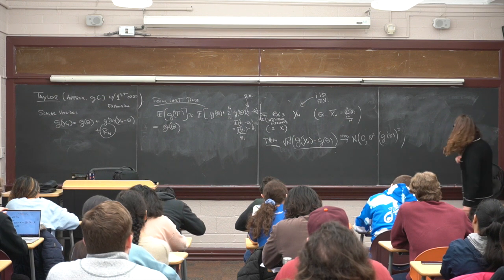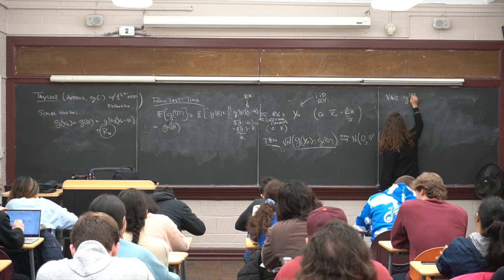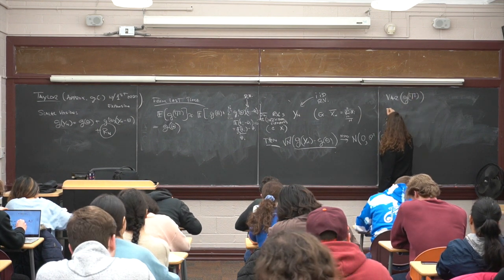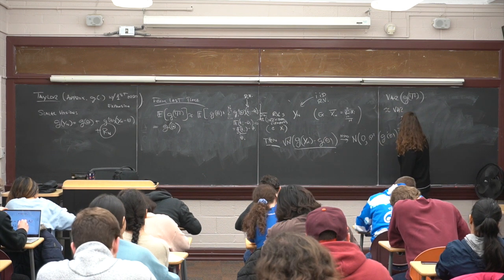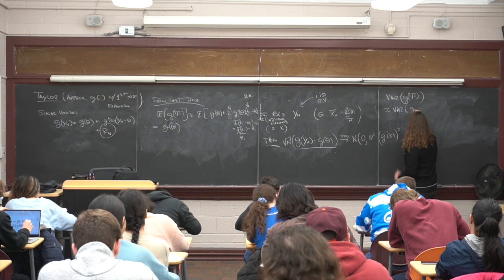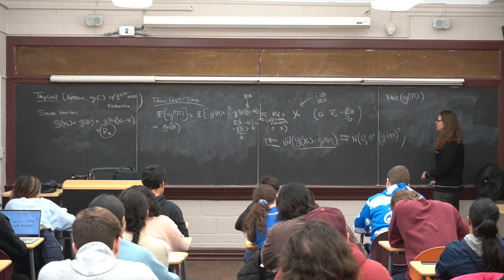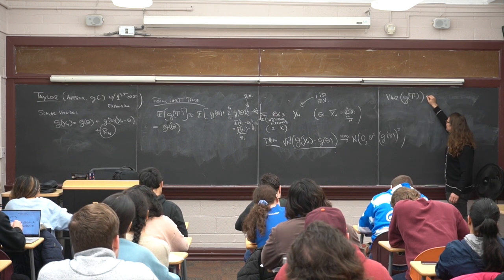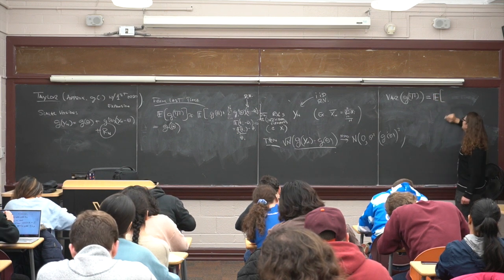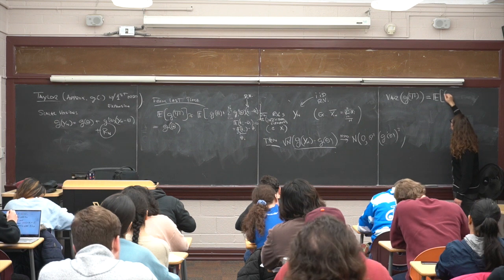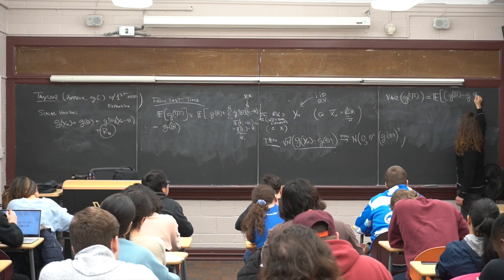So the variance of GT is going to be approximately the variance of G. Let me write it out this way so you can see where all the terms come from. This is going to be equal to the expectation of GT minus its mean right here.